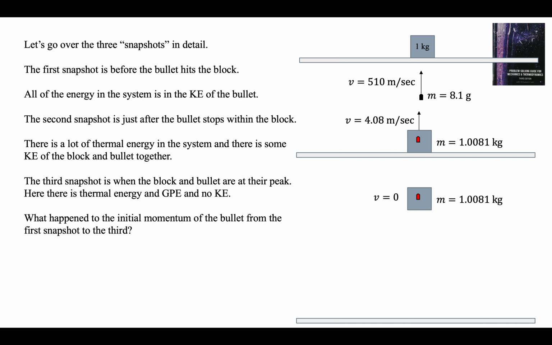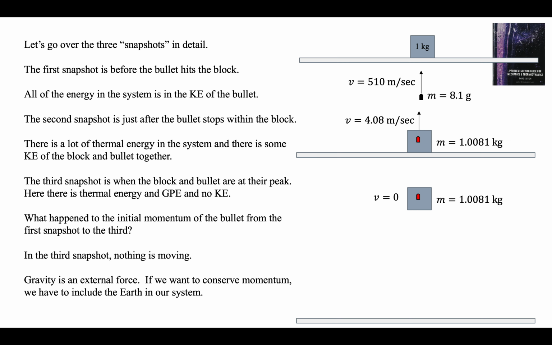So, what happened to the initial momentum of the bullet? The bullet has momentum here. Here, nothing's moving. Everything's at rest. Well, the problem is gravity is acting on this guy. Gravity is an external force. You have a force that's leaking into your system. It's not a closed system if you let gravity in there. If you want to conserve momentum, momentum's conserved, but you have to include the Earth in your system.